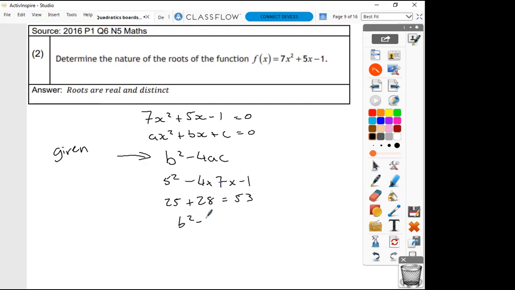Therefore, b squared minus 4ac is greater than 0 and there are 2 real and distinct roots.